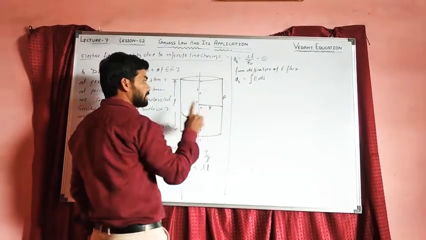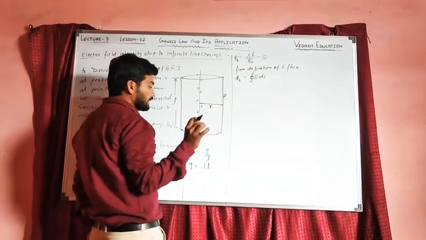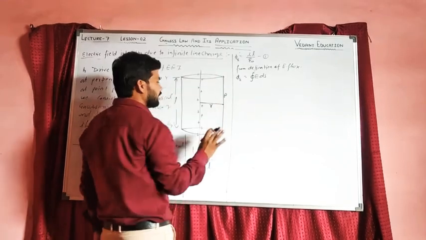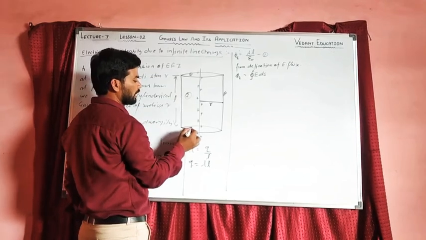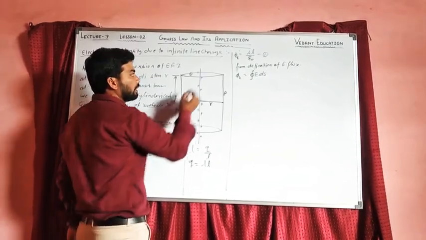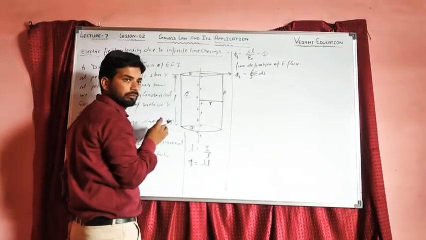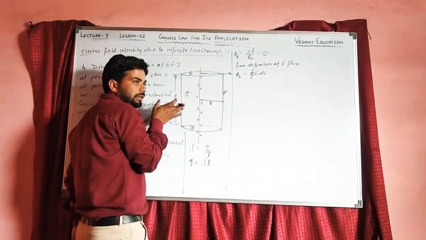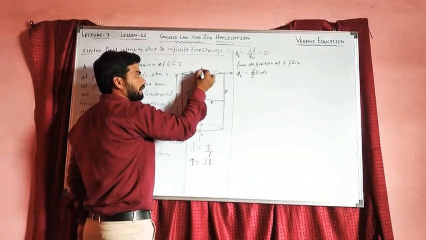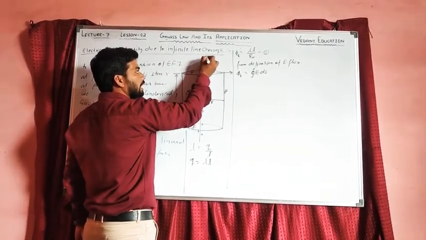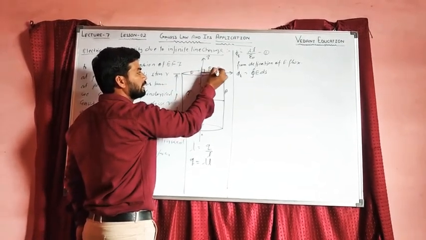The surface area can be split into three parts: this one 1, this one 2, and this one 3. The direction of the electric field will be along this, because it is a positive charge. The direction of electric field lines is always away from the positive charge, and the direction of area vector is this. So for surface 1, theta 1 will be 90 degrees.